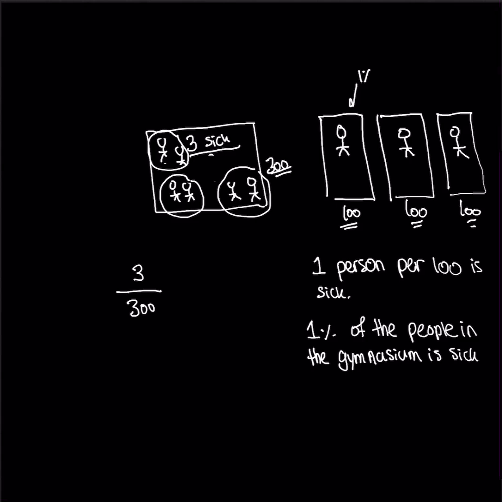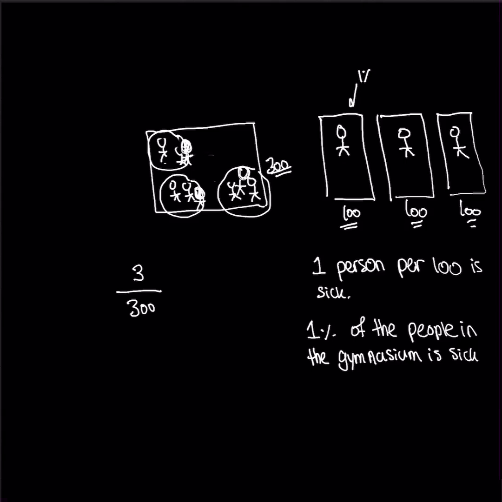And if we take these 3 sick people and evenly divide them into each one of these groups, like that. So these are the sick people right here. And we see that the pattern still holds.